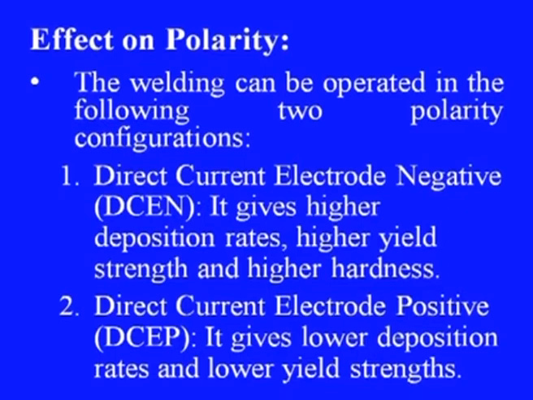It gives higher deposition rate, higher yield strength and higher hardness. And the other mode is direct current electrode positive mode, DCEP. It provides lower deposition rates and lower yield strength.